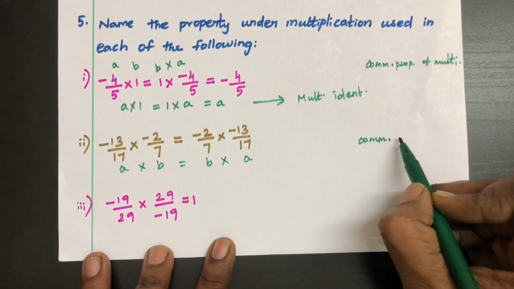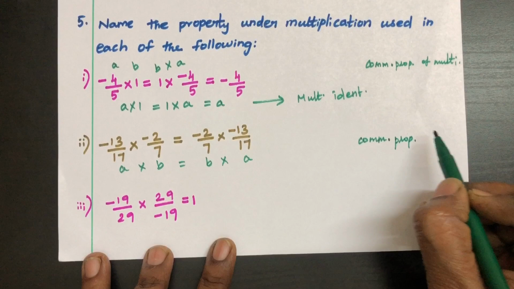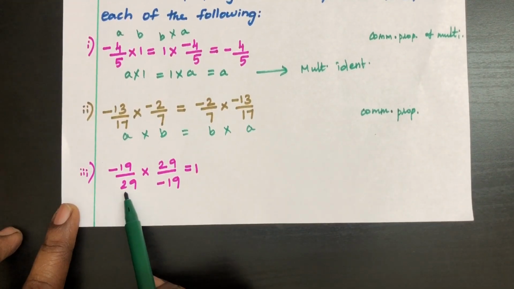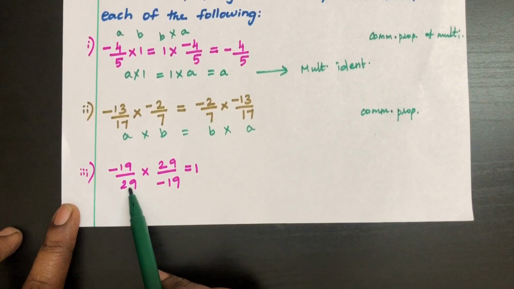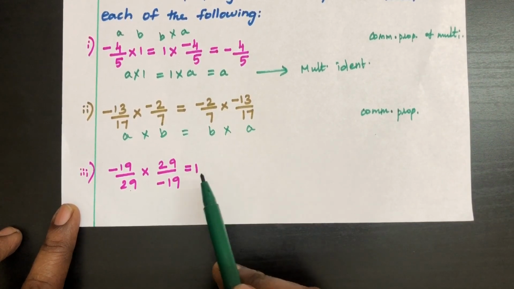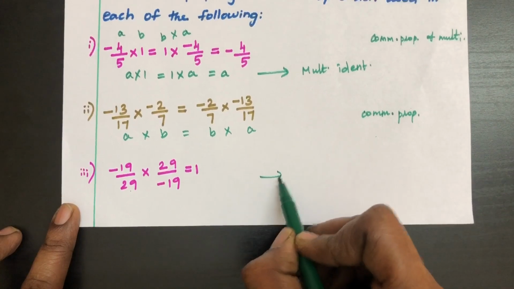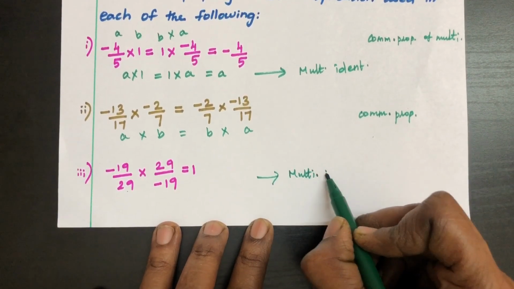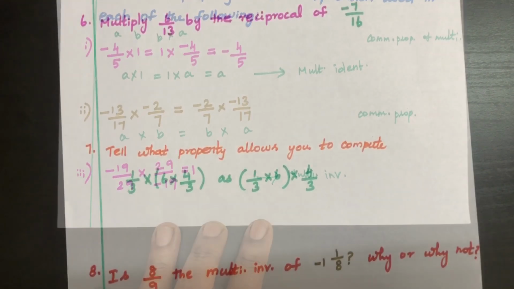Here they have used the commutative property of multiplication. Now this one, minus 19 by 29 into its reciprocal, 29 by minus 19, is equal to 1. This is the multiplicative inverse. They have used the multiplicative inverse.